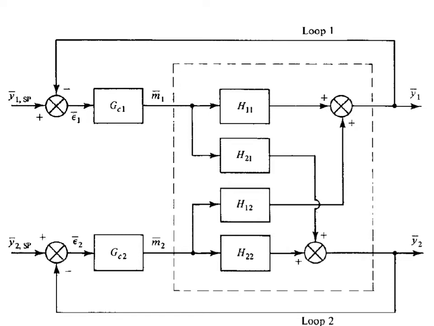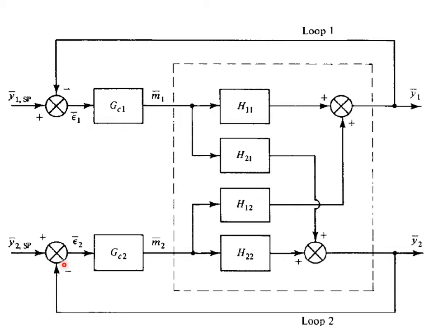So guys, we have this entire process wherein you have two manipulated variables and two outputs, and we apply a feedback control in the upper loop, and we apply a feedback control in the lower loop. But as such, if we give any change in the set point over here, it not only affects Y1, but it also affects Y2.